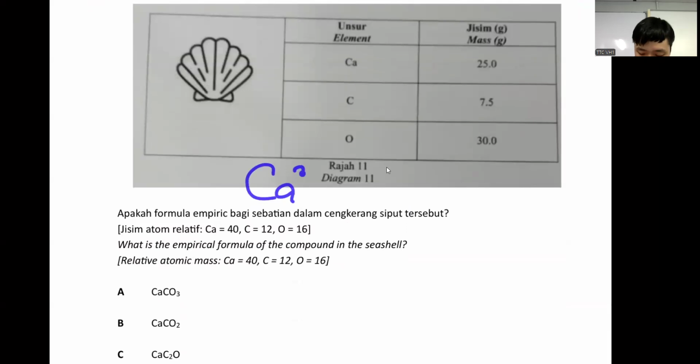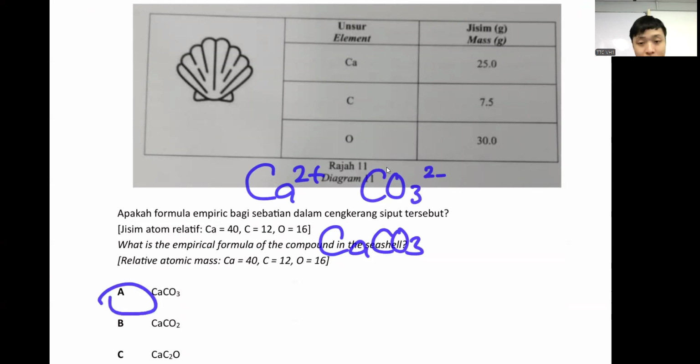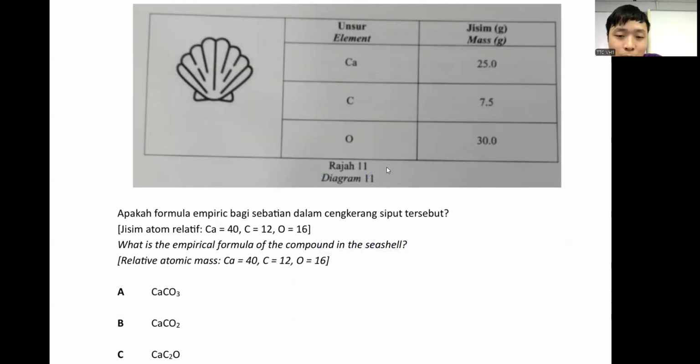If you already know the charge, Ca is 2 plus, CO3 is 2 negative, you know the formula is CaCO3 already. But we follow the procedure of finding the empirical formula. What if they give you X2 like that? Then you can find it.